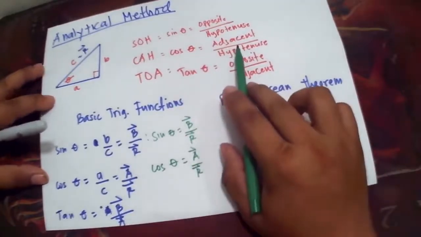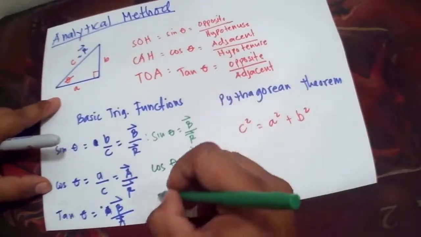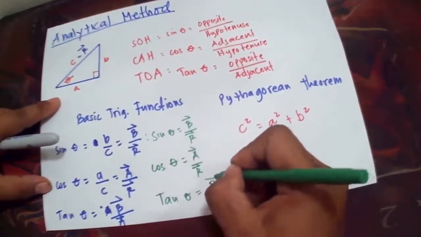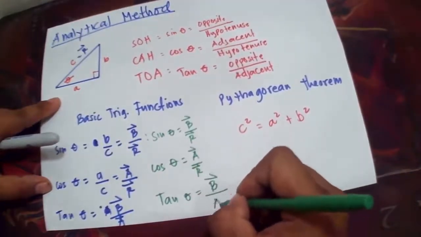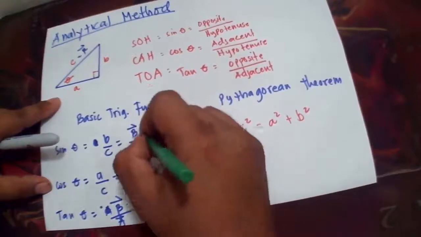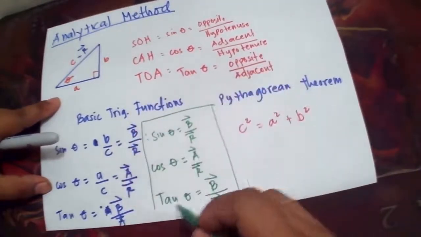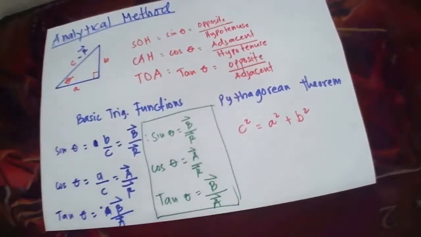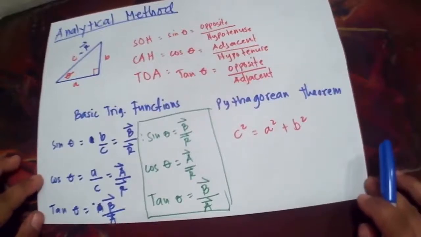Let me recheck the adjacent. Okay, it's correct. And tangent theta is equal to vector B over vector A. These expressions will help you find the magnitude and direction of the resultant vector as we go along in our sample problems.